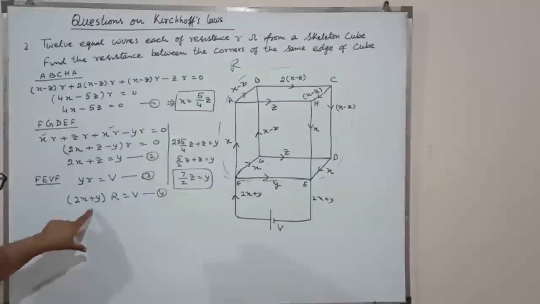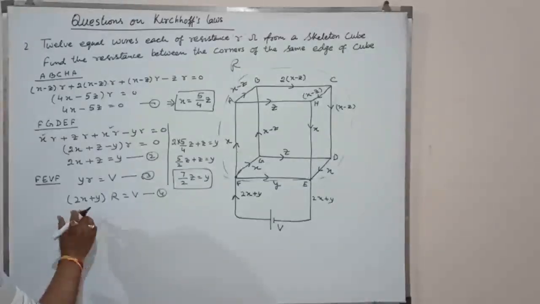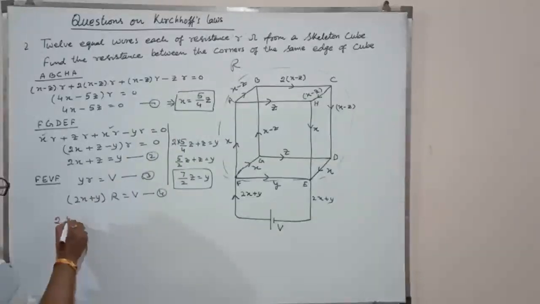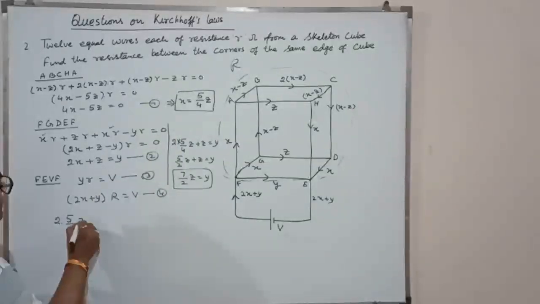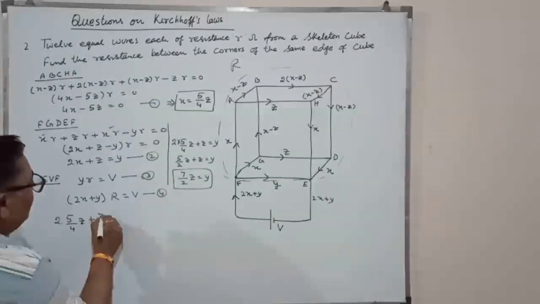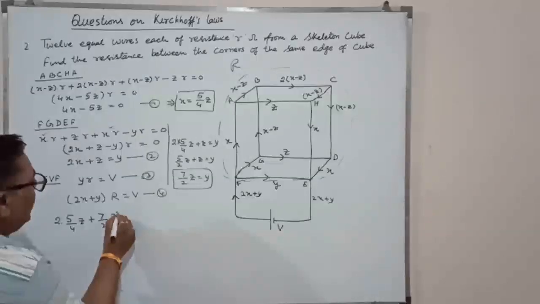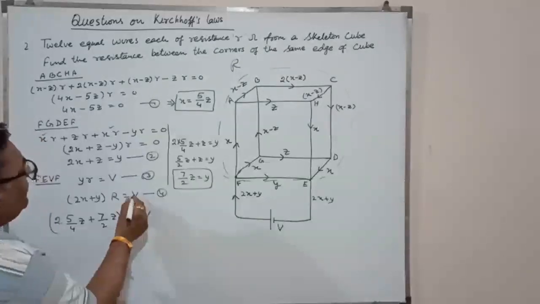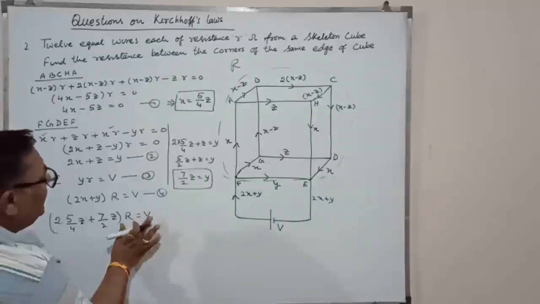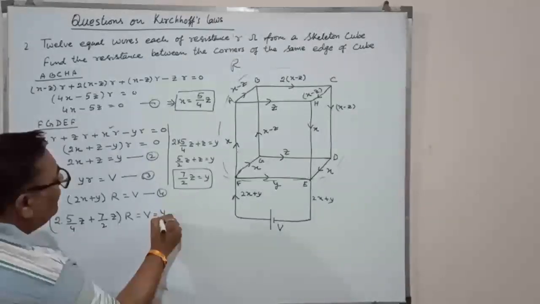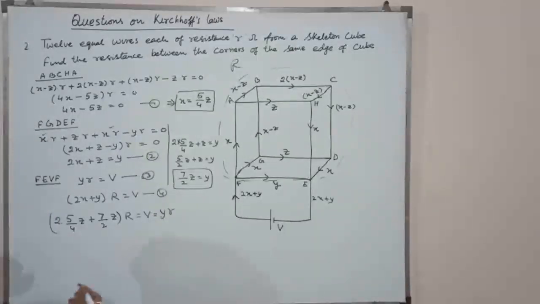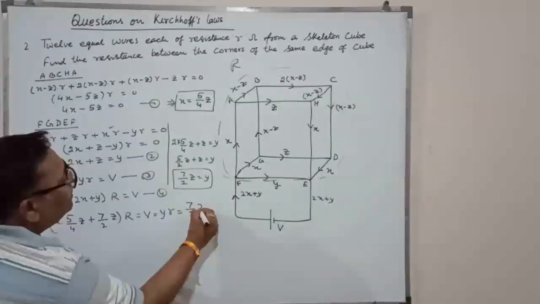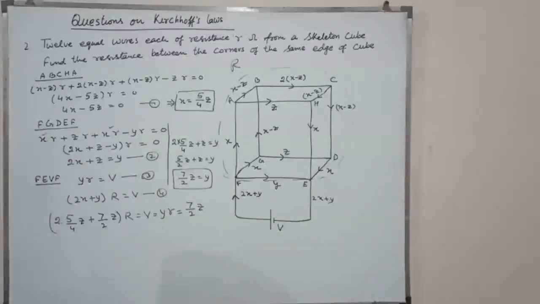Keeping these two values in this equation, that is 2x, 5 by 4 z, plus y, 7 by 2 z, R is equal to V, and from equation 3 this V is equal to y R, and value of y is 7 by 2 z. Clear?